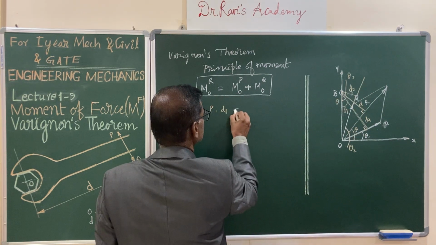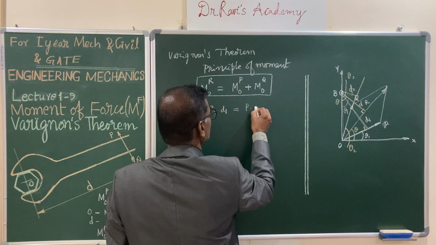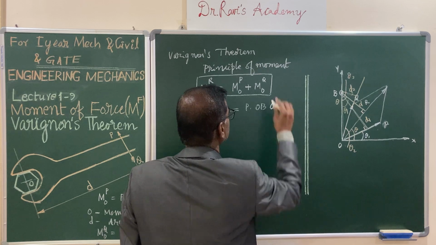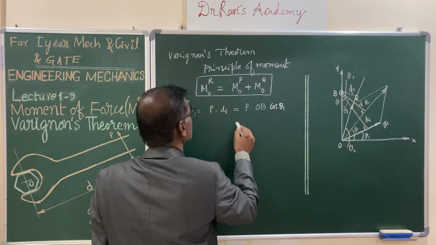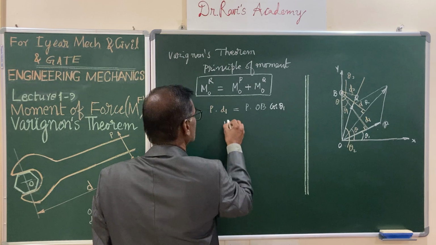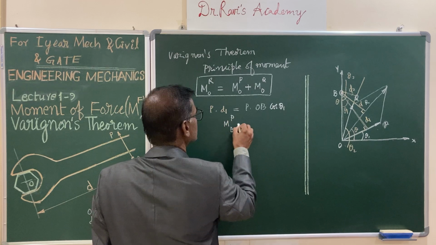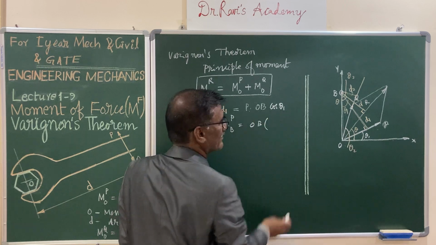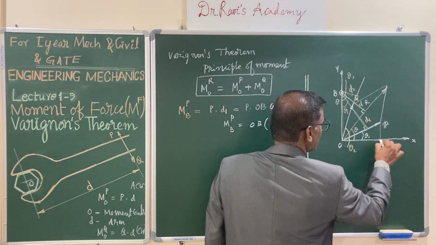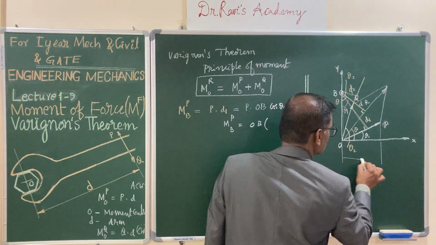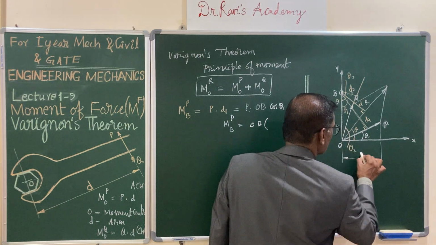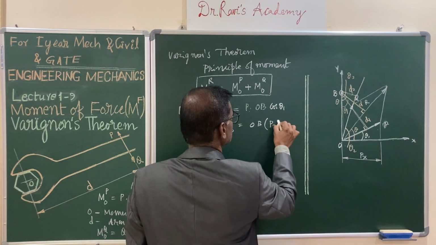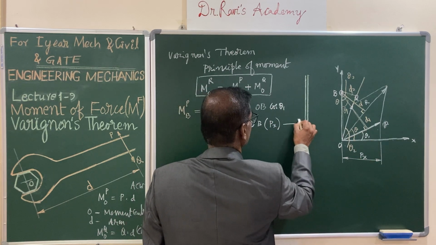So you are replacing it: P into OB cos theta 1, and this you can write as the moment of P about B is equal to OB times P cos theta 1. Let us see that P cos theta 1 is the x component, you can call it Px, call this equation 1.